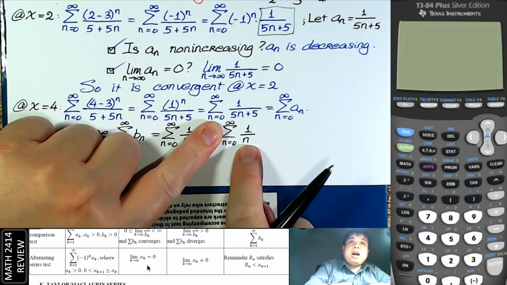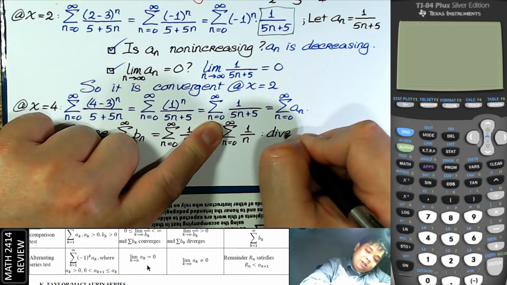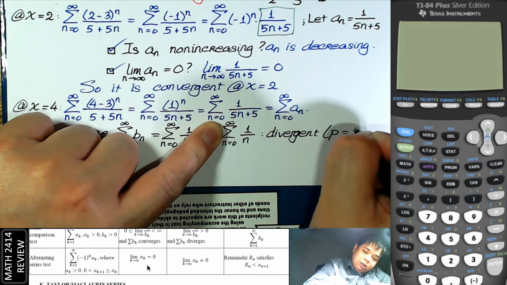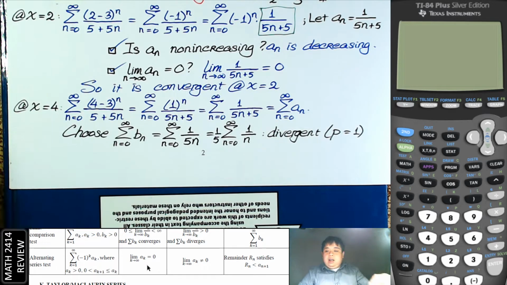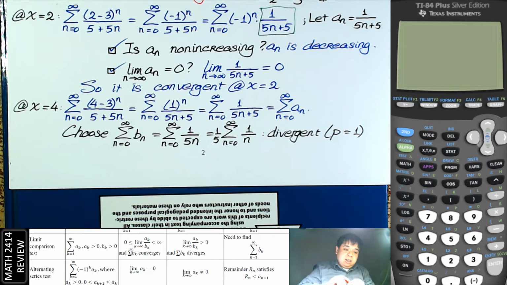Now this part by itself is divergent because it is a p series and p equals 1. Next, the ratio of a n and b n, just like the formula over there, has to be greater than or equal to 0 and less than infinity.